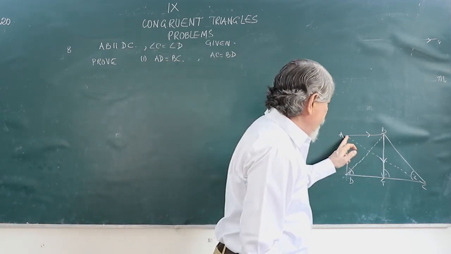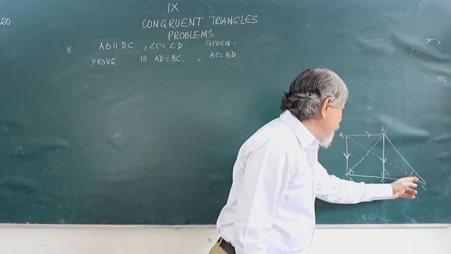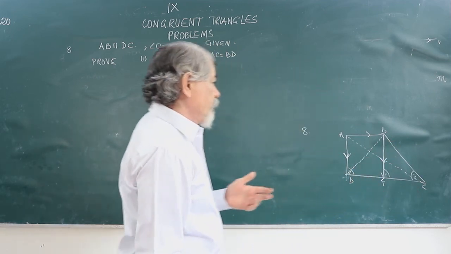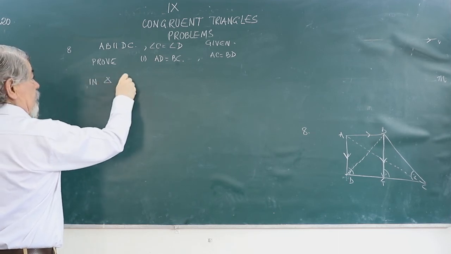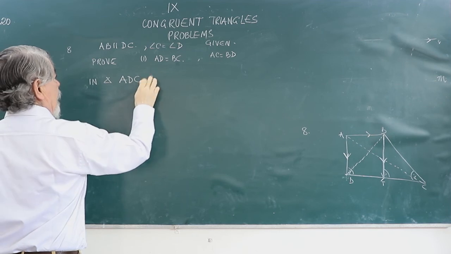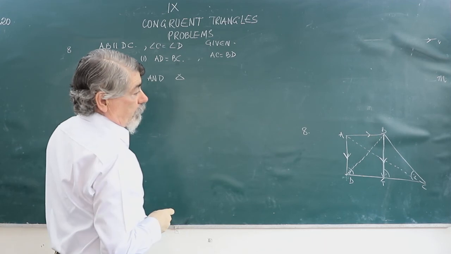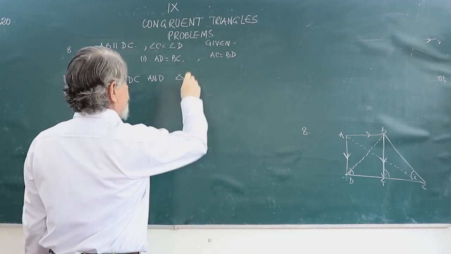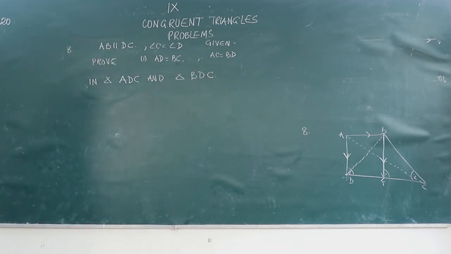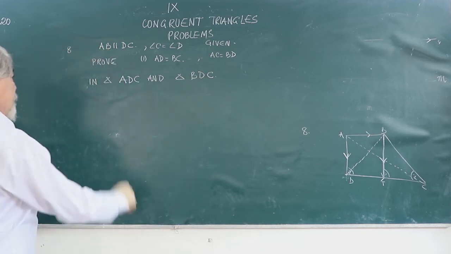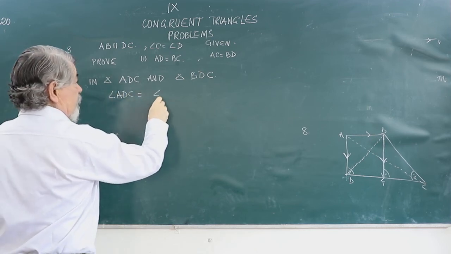So what we have done is, we have joined A to C, we have joined B to D, and let us take triangle ADC and BDC and prove them to be congruent. In triangle ADC and triangle BDC, now you know very well that angle ADC is equal to angle BCD.